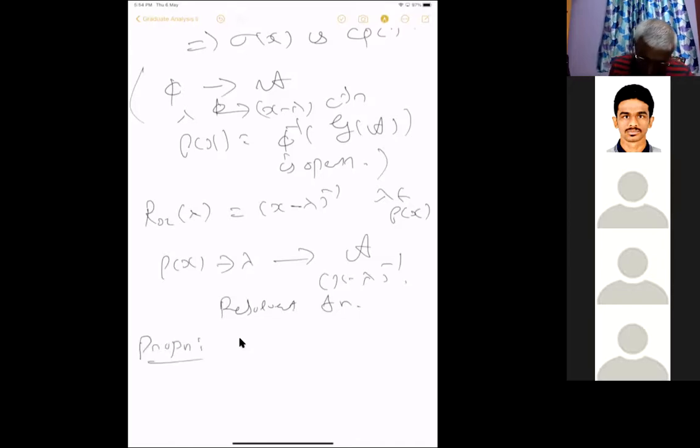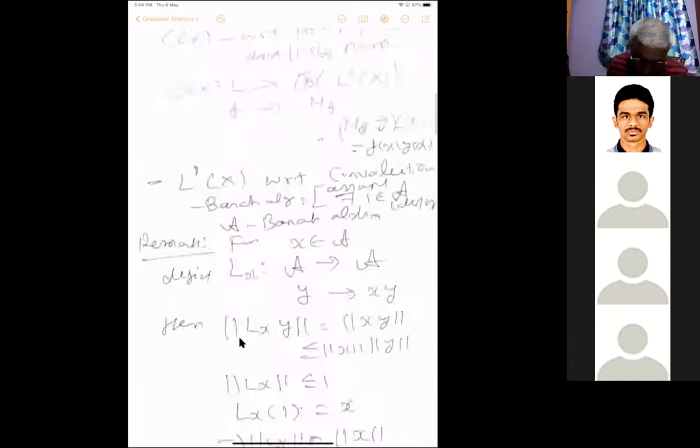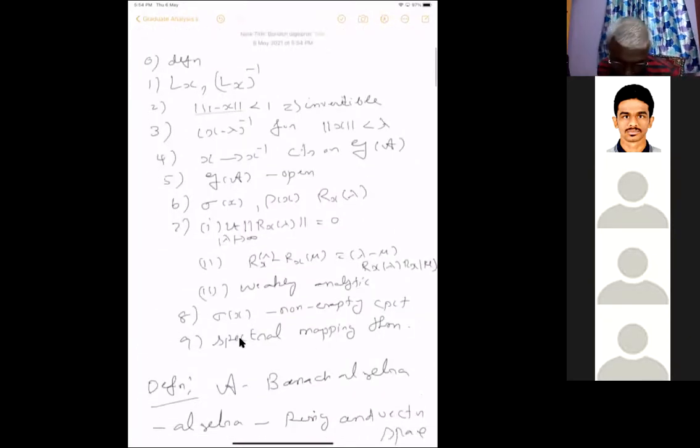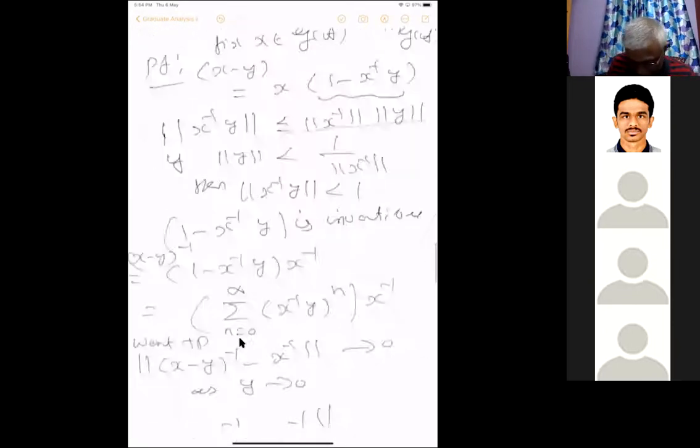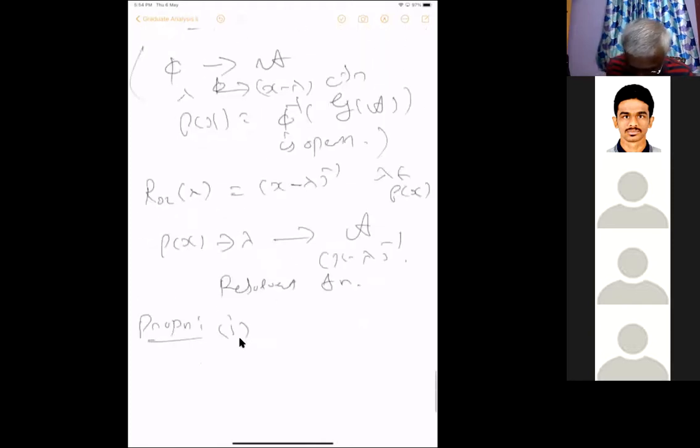So first thing is: the limit as mod lambda goes to infinity of the norm of Rx lambda equals 0. That's one thing.